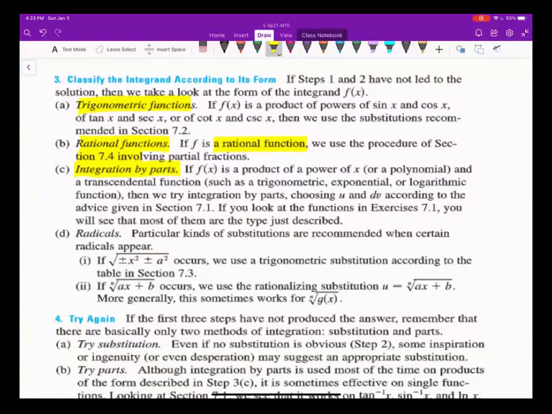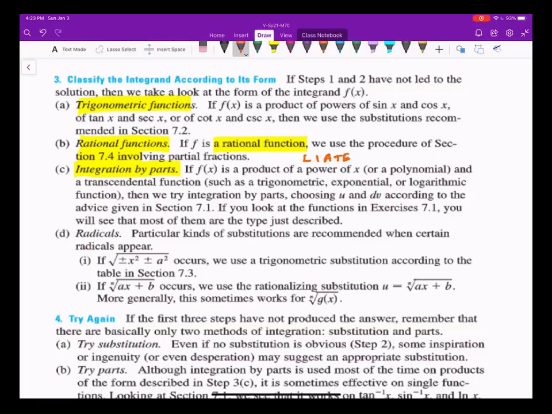Then we also did integration by parts, the IBP method, where you find out by the LIATE mnemonic whether the function is made up of logarithmic and algebraic, or algebraic and trigonometric, or what kind of functions the integrand is made up of.